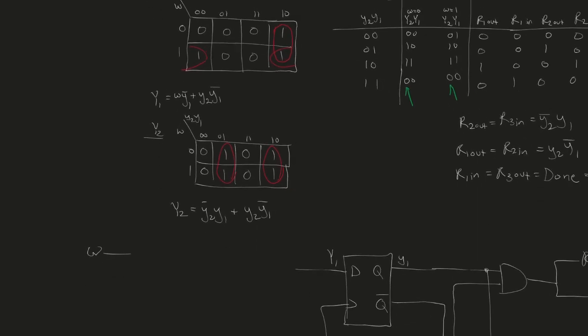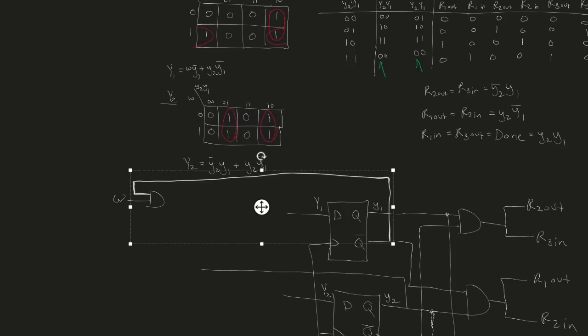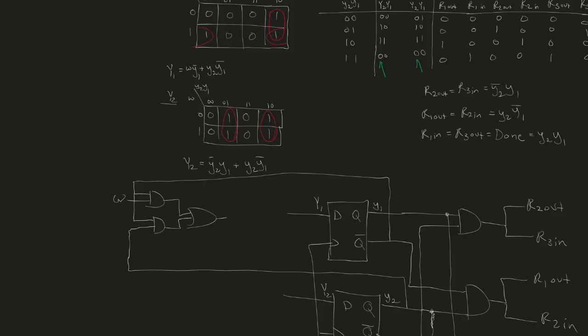But anyways, so w and y1 NOT are connected like this, and then we have y2, so we'll connect the y2 here, and y1 NOT, so we'll connect this here, and then we add them together, so we can use an OR gate and then connect it to this.